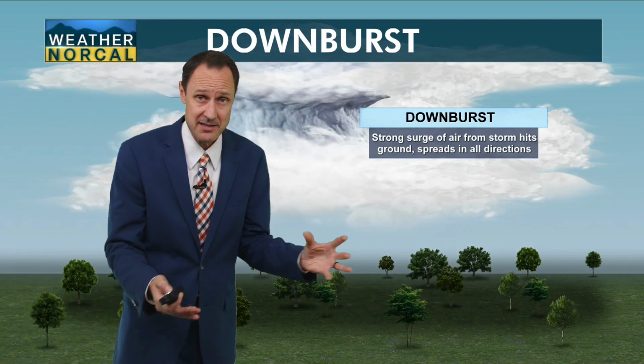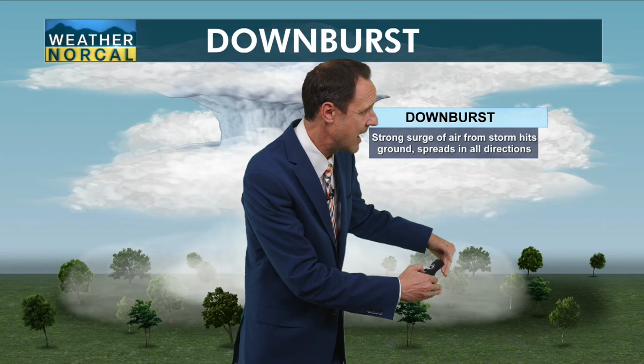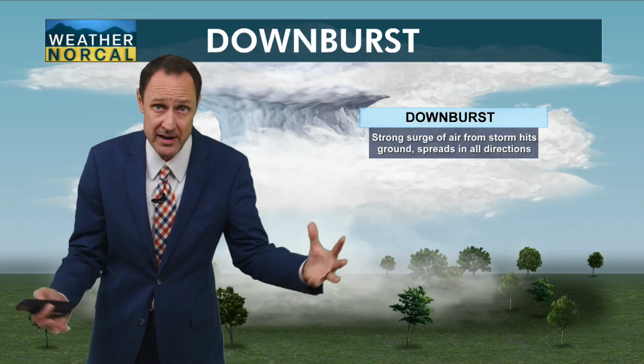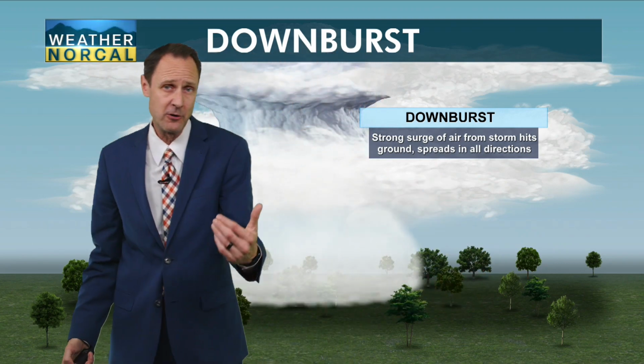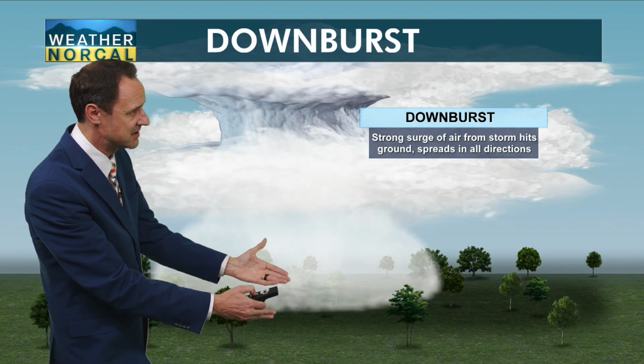Now, some of the things to take into account is where you are in relation to this downburst. If you're over on this side of the downburst, all the trees and all the debris is going to be in one direction. So that's easy for a surveyor to look at and say, oh, this is from a downburst or from straight line winds. The winds are all blowing in one direction. However, if you're in the middle of all this, what happens?